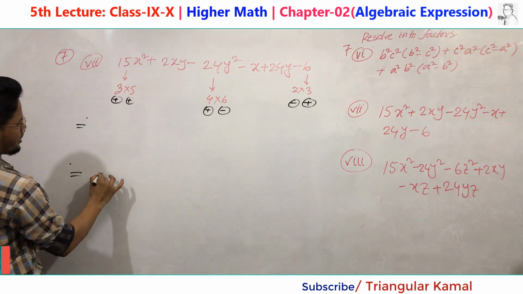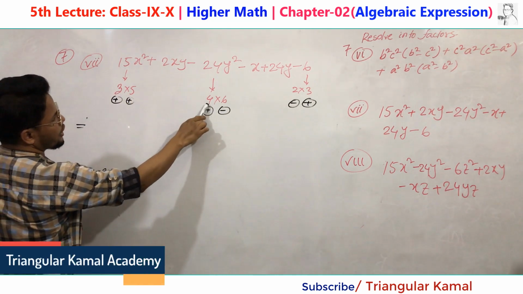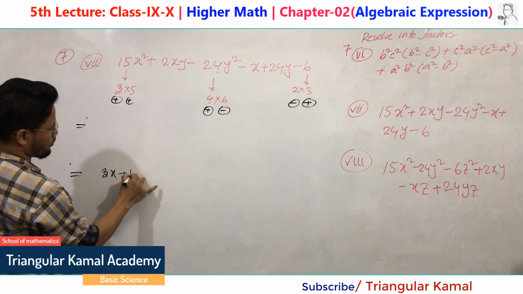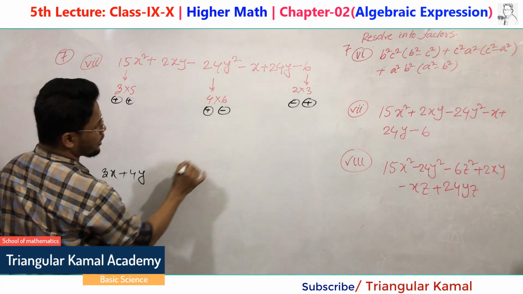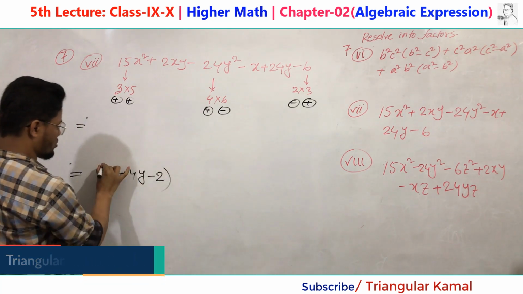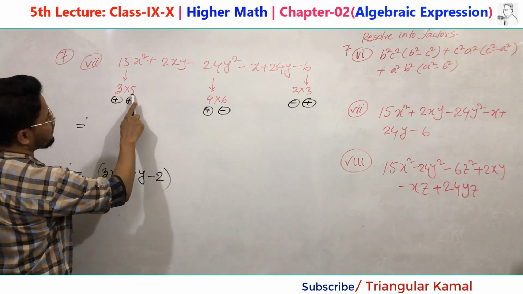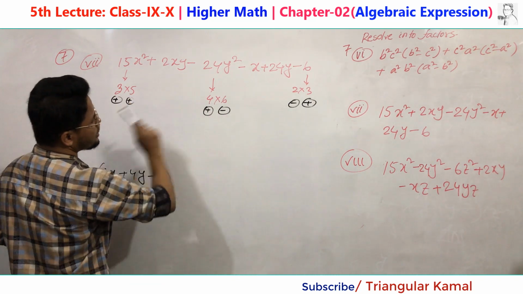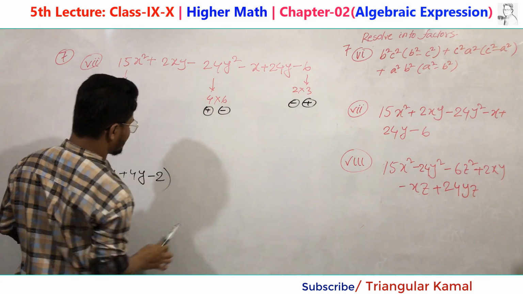This is 3 times x plus 4 times y minus 2. The remaining factor is 5 times x minus 6 times y plus 3.